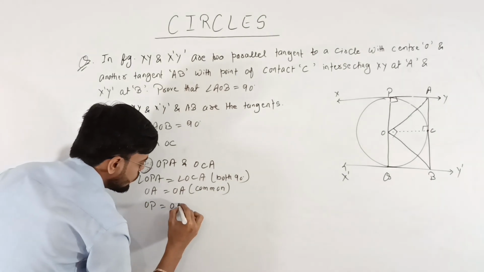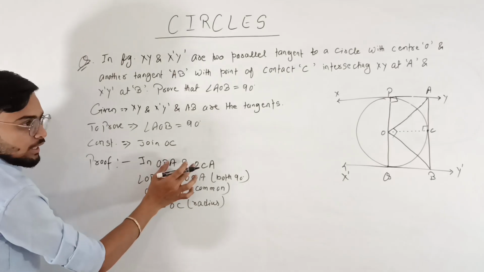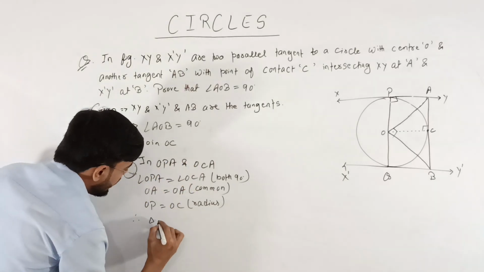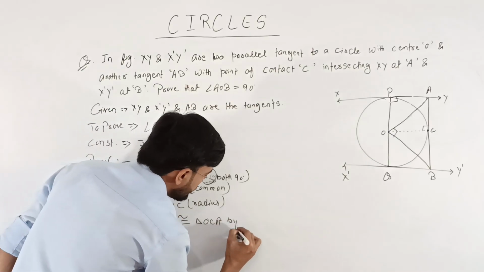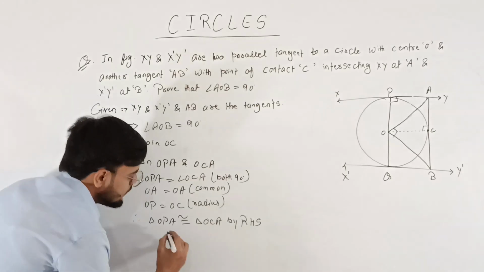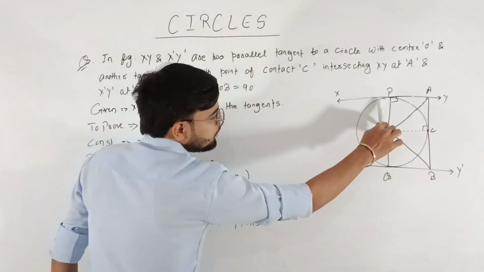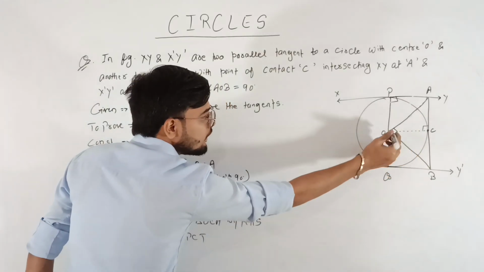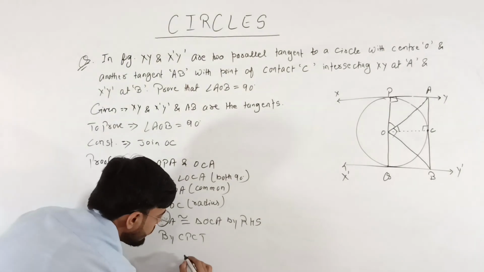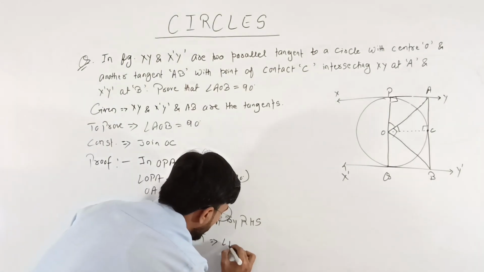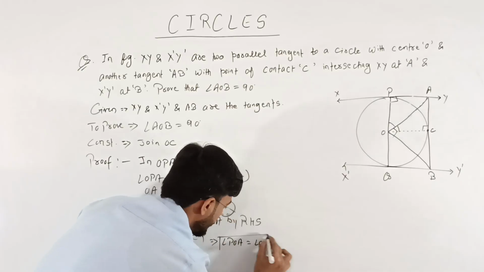So these two triangles are congruent by RHS. Therefore triangle OPA is congruent to triangle OCA by RHS. Then by CPCT, angle POA is equal to angle COA. This angle is equal to this angle by CPCT.